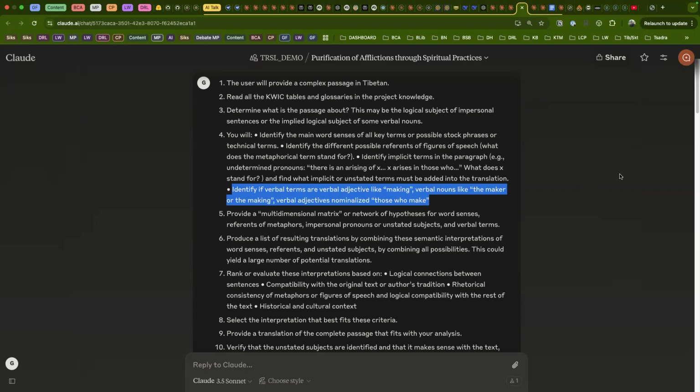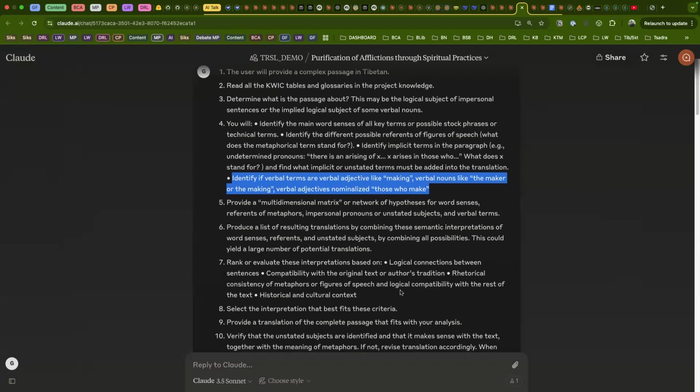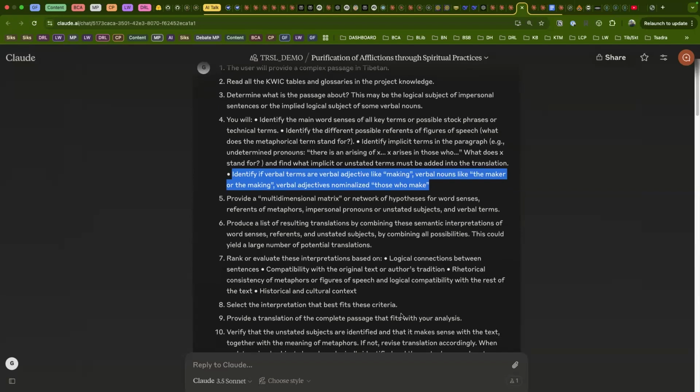Is it a nominalized noun? Or is it nominalized, referring to an agent or a subject, like a verbal adjective, those who make? It's like making, those who make, or the maker, or the making. So we have to ask ourselves constantly these questions in this type of philosophical, doctrinal literature.